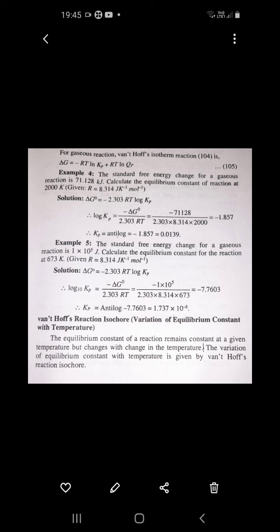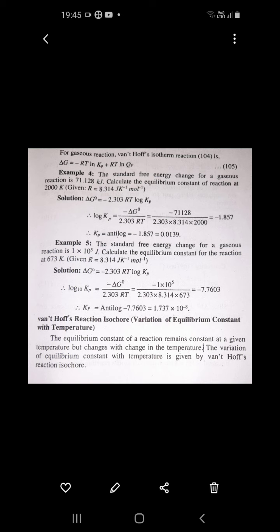If you substitute the values, you will get minus 71,128 joule.